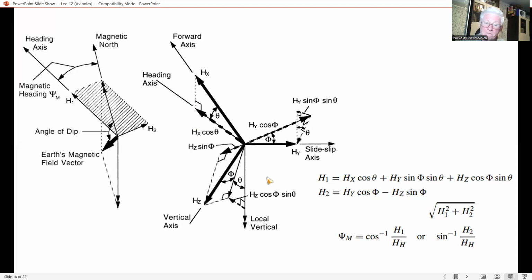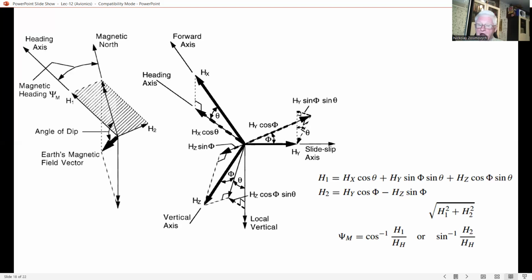And this comprises three main components. First, computation of the true components H sub X, H sub Y, and H sub Z of the Earth's magnetic field with respect to the aircraft axes, right?